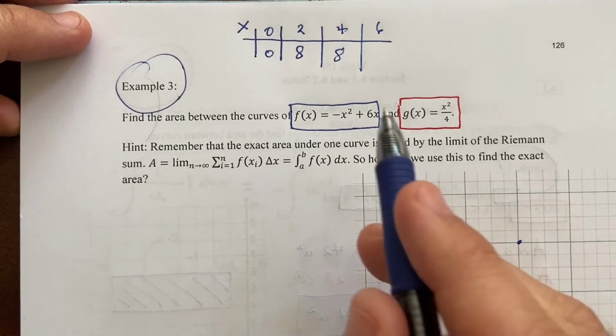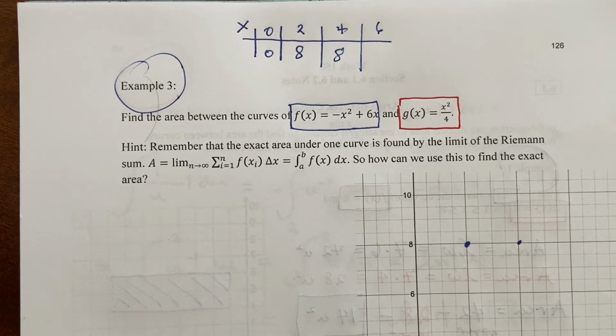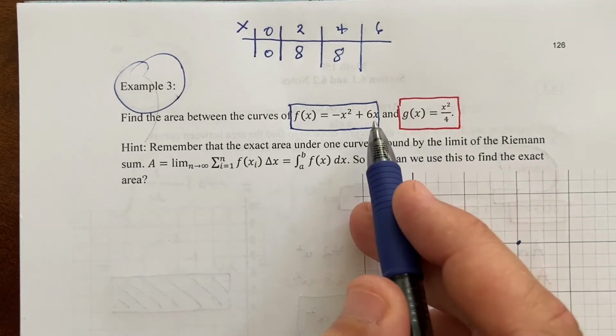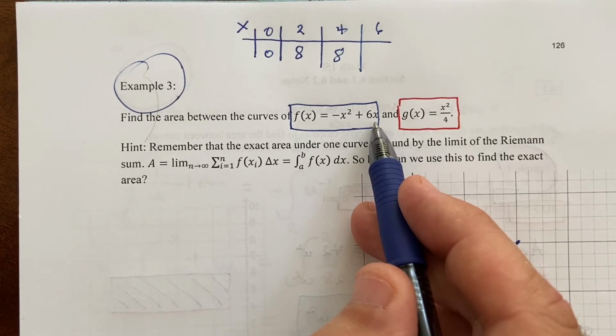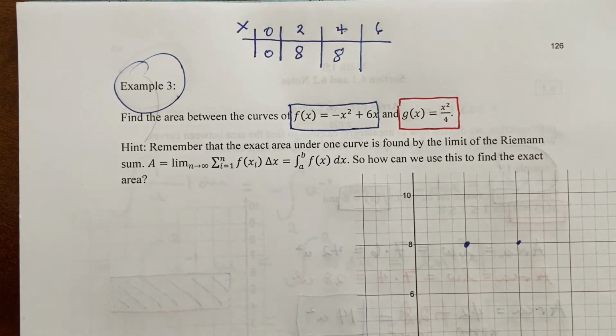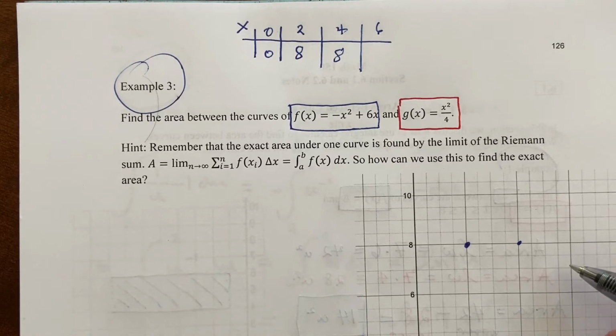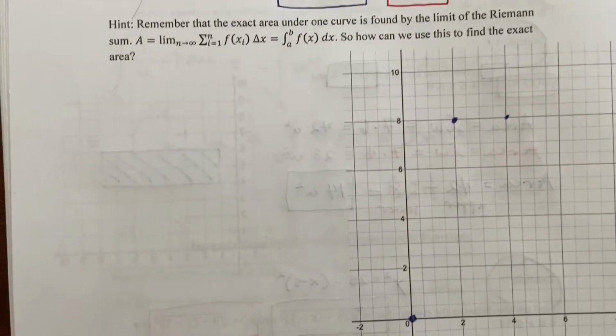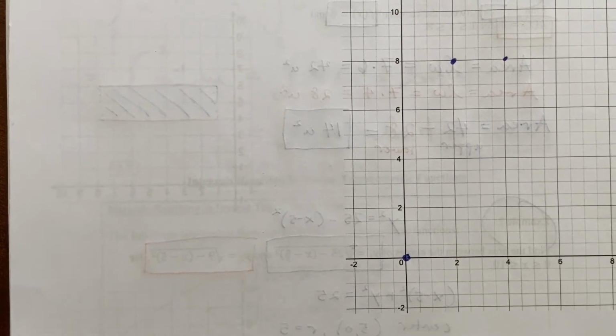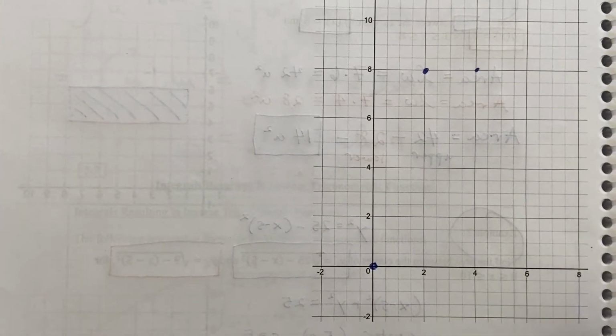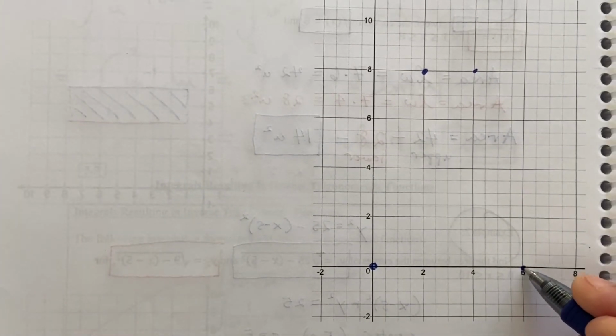So at 6, we have -36 plus 36. That is 0. So over here, I would have a 0.